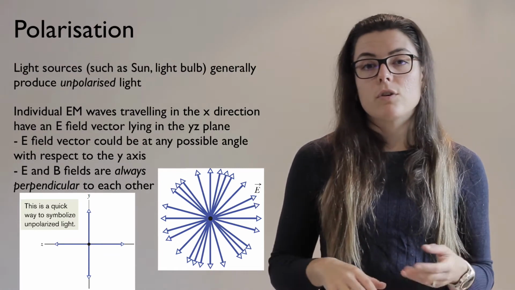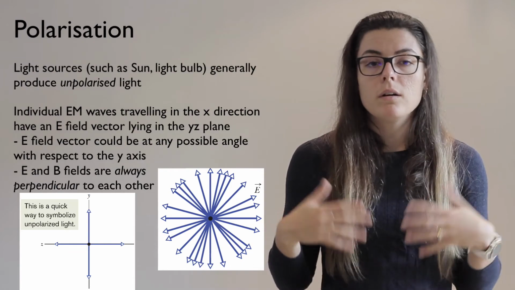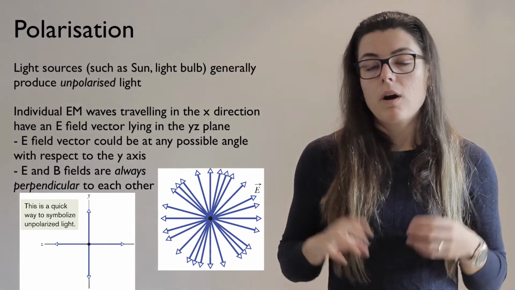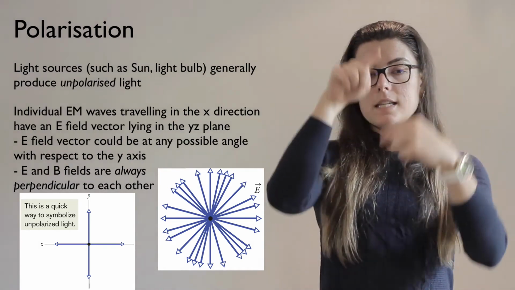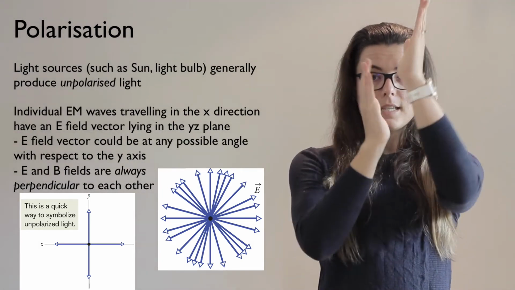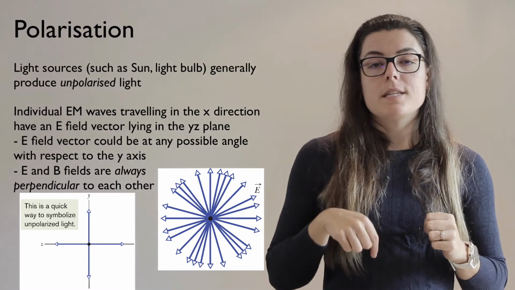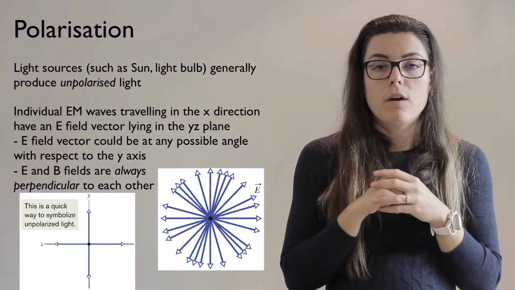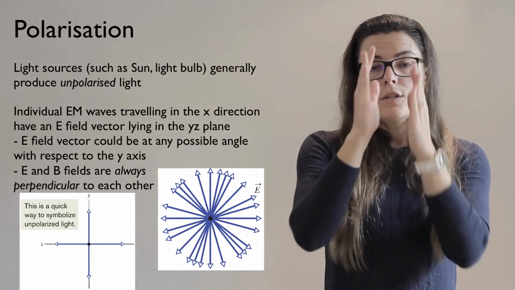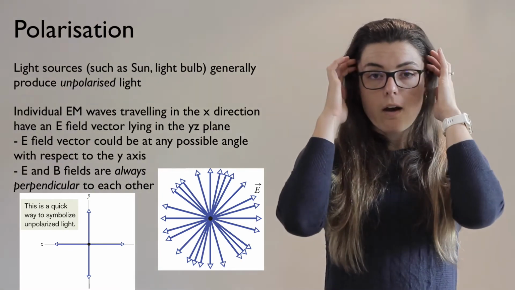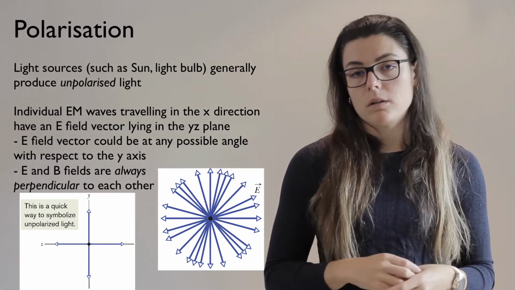So a quick way of drawing it, instead of just drawing an array of arrows going around in a circle, the way that we quickly draw unpolarized light is by just doing our axes y and z, and we just draw an arrow up and down along the y-axis and an arrow positive and negative along the z-axis. So if we just draw a cross with our arrows representing vectors, that's a quick way of drawing unpolarized light.